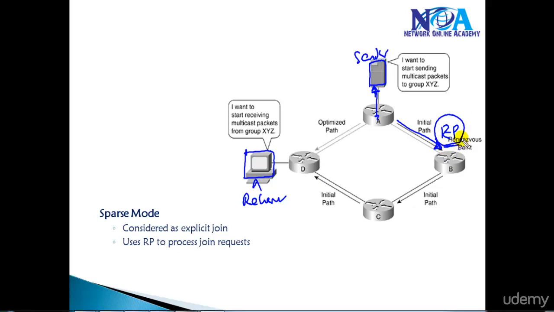We configure a router or a device as the rendezvous point. This rendezvous point is the root of the forwarding path, and it is where all your join messages will go. The RP will decide how the traffic should go from the source to the receiver.